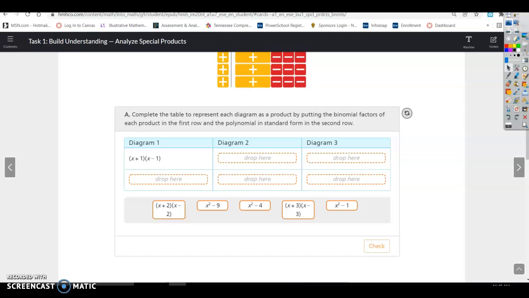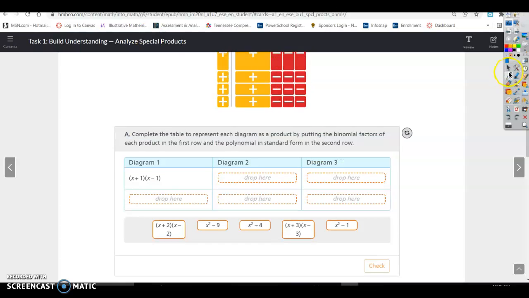So let's look and see. If we have x plus 1 times x minus 1, we can multiply that with the distributive property like we did in the last lesson.